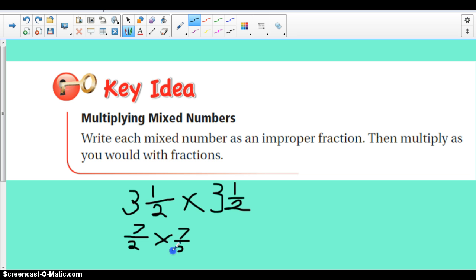And then you get 7 times 7 is 49 over 4.